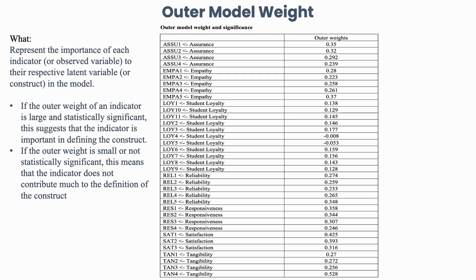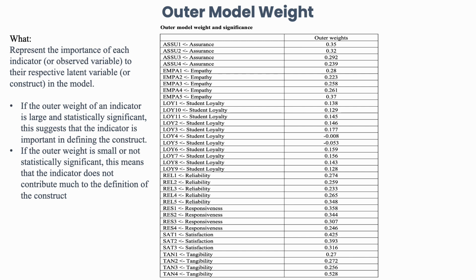Reliability exhibits a range of outer weights from 0.233 to 0.348 with its indicators REL1 all the way until REL5. Now these values suggest a moderate to relatively strong relationship, indicating that the selected indicators effectively represent reliability.